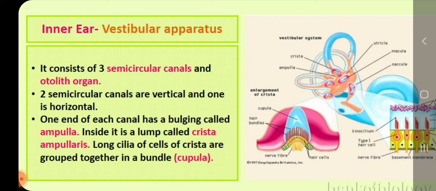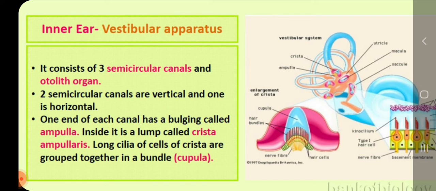So those nerve fibers are the afferent nerve fibers. Afferent means they are the nerve fibers which help in the transmission of the signals. So the afferent nerve fibers transmit the impulses from the tissues to the central nervous system.